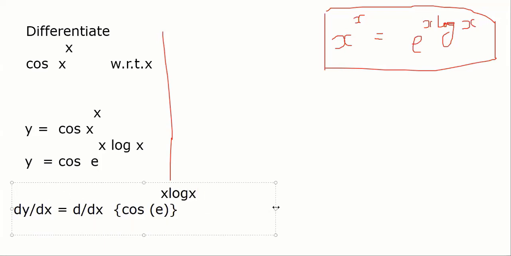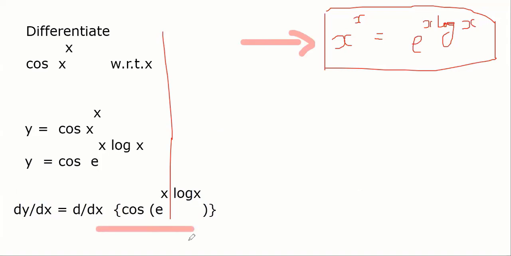Right, that is what the question becomes now. The only thing I did differently is this. Now this we know how to differentiate, right? First cos of x, this whole thing is my x, right? So the differentiation of cos x is minus sin x. So minus sin of x means the whole thing.